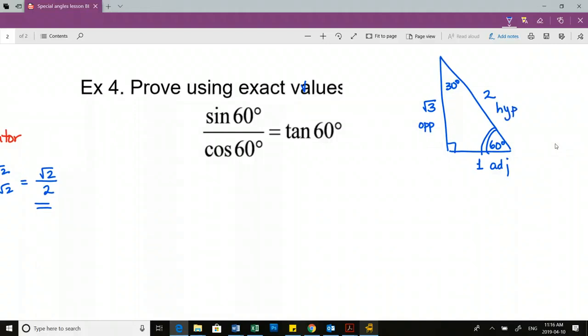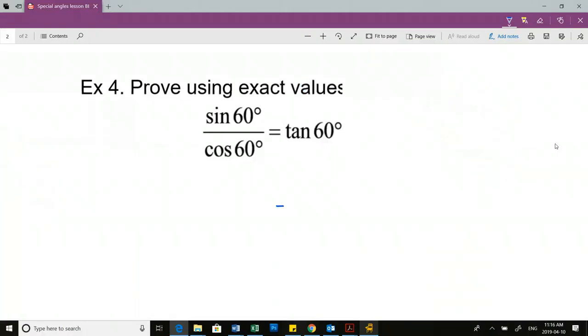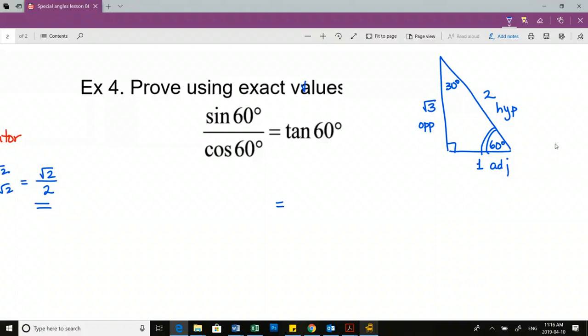We're going to start by just plugging in the exact values of each of these 3 expressions. So let's start with the right side. What is the tan of 60? What's its exact value? What is opposite over adjacent if 60 is the reference? Natalie? Close. Opposite over adjacent for tan. √3, yeah. It just ends up being √3/1, which is √3.